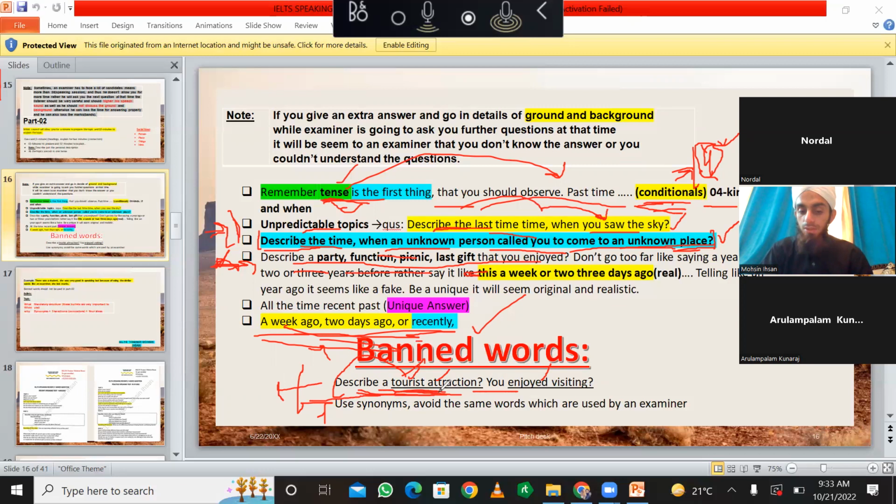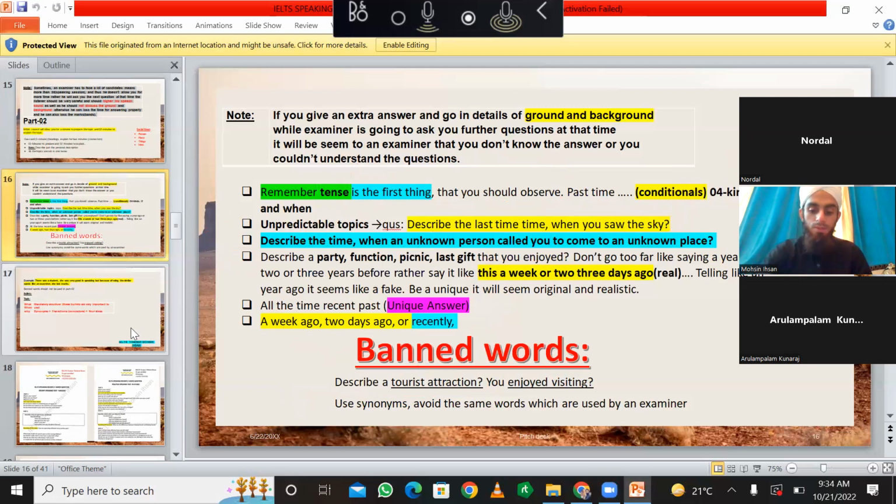Describe the tourist attraction: do not go for the same word, like the most attractive tourist attraction, the most memorable tourist attraction was the one which I enjoyed, it just happened last week. We should not use the similar one. Just go for other words to impress the examiner: sir or ma'am, I have many other words to convey my idea, right? So this is important.